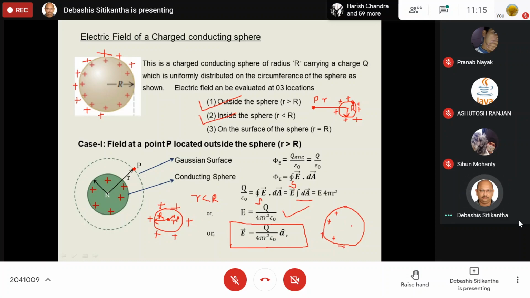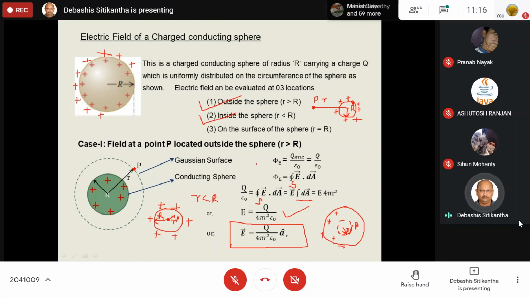Now I am interested to find the electric field at this point P inside the conductor. What I need to do is draw a Gaussian surface. Over here the Gaussian surface is again going to be a sphere, and it should pass through the point P. As you can see, the radius of this sphere is small r.